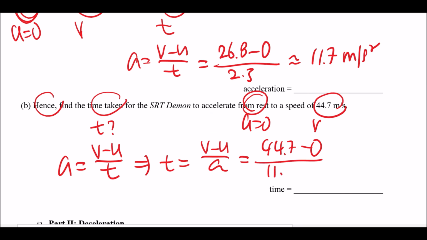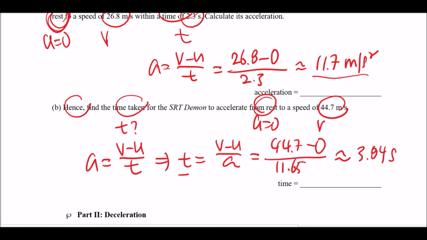Okay, now over here I'm not going to use 11.7, I'm going to use 11.65 because 11.7 is a rounded off number. Okay, so my answer should be about 3.84 seconds, yeah, because time. Okay, so we are done for this part.